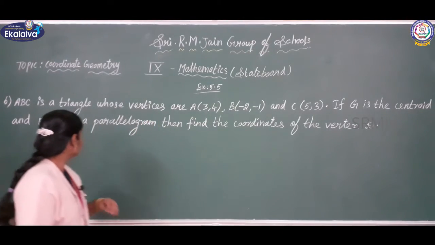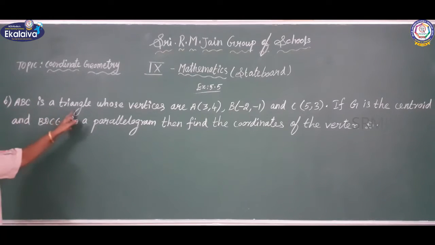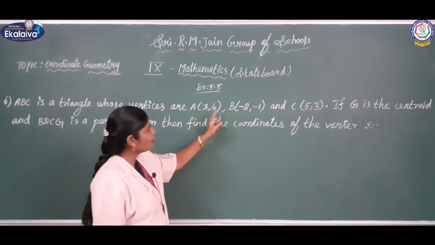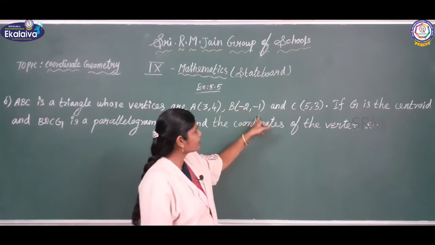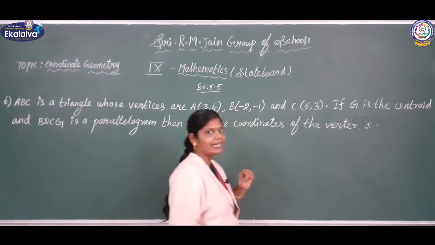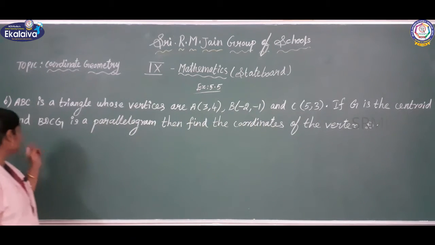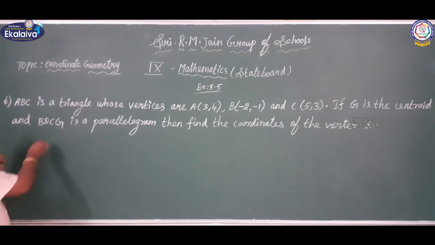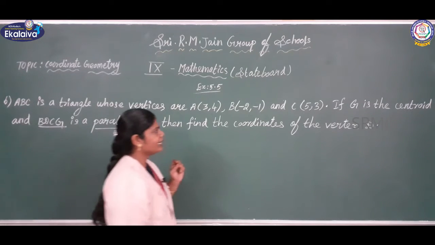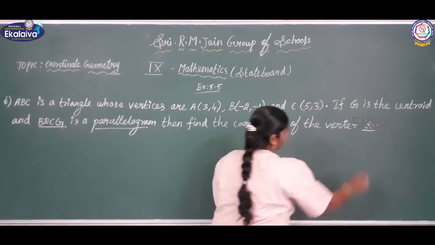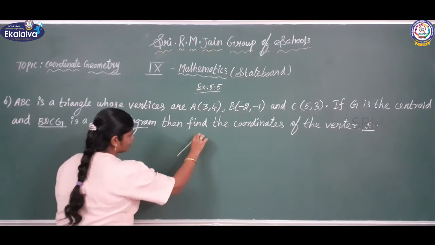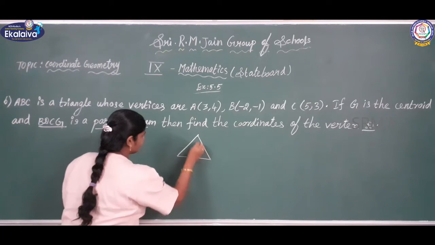See the next one. ABC is a triangle whose vertices are A of 3, 4, B of minus 2, minus 1 and C of 5, 3. Okay. If G is the centroid and BDCG is a parallelogram, then find the coordinates of the vertex D. Okay. See here. ABC is a triangle.